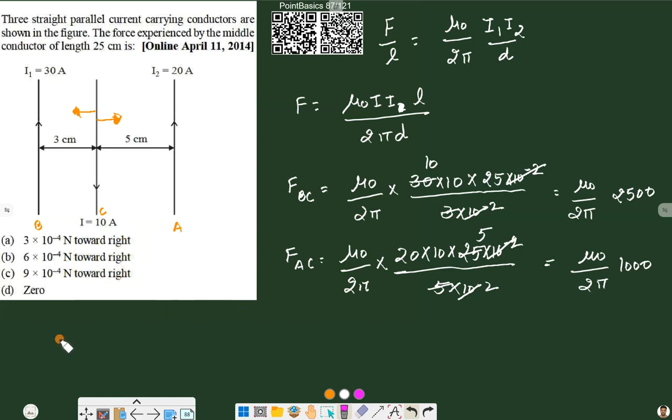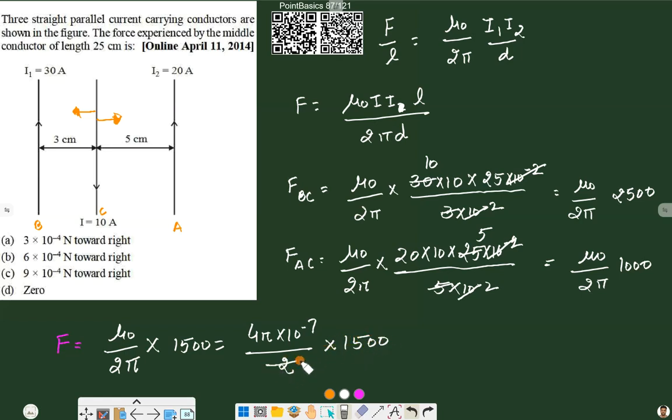So the net force will be their subtraction, so it will be mu naught by 2 pi into 1500, and it will be 4 pi into 10 raised to power minus 7 divided by 2 pi, into 1500.